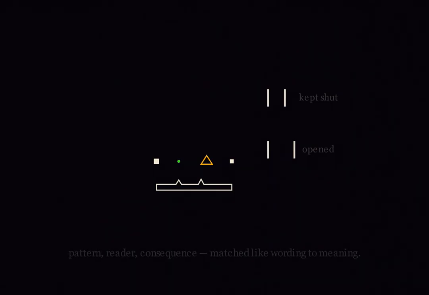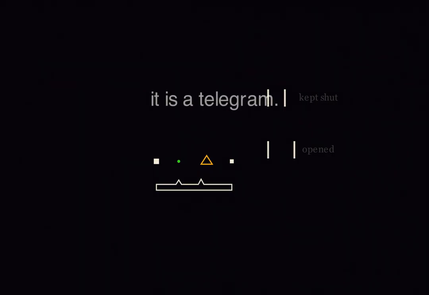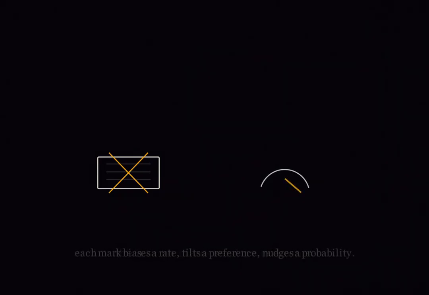Pattern, reader, consequence, all matched like wording to meaning. It is a telegram, exact words carried exactly, answered exactly. The tubulin marks send no telegrams. Each mark biases a rate, tilts a preference, nudges a probability.